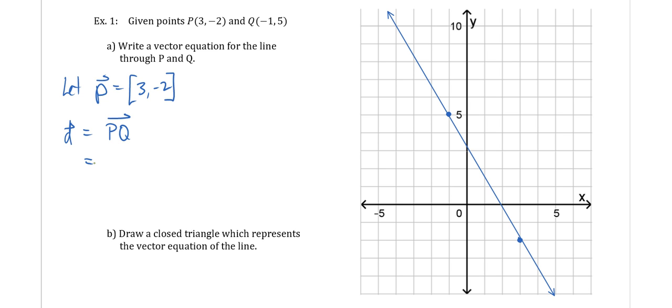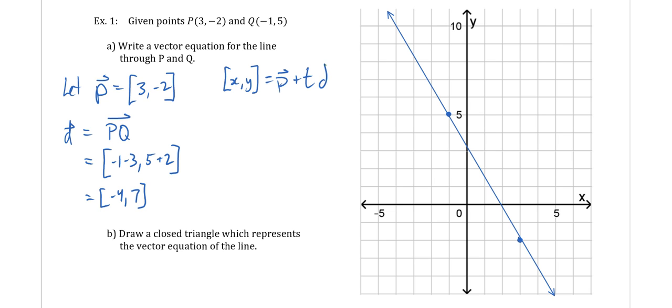Okay. So -1 minus 3 and 5 minus -2. And then our equation is just going to be like that, right?